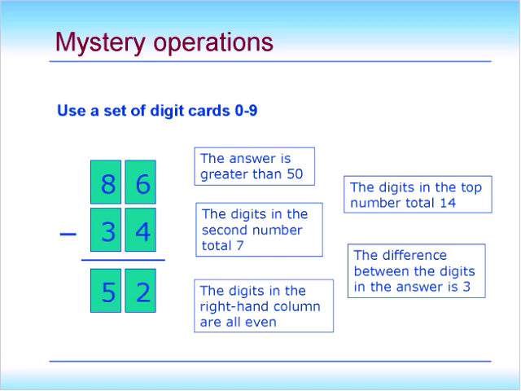If you work in reverse, the way I wrote that one, you start off with any calculation. So with this one, I wrote down a calculation, 86 subtract 34 equals 52. And then I just made some rules that fit. I looked at the answer 52 and just made a rule: the difference between the digits in the answer is 3.